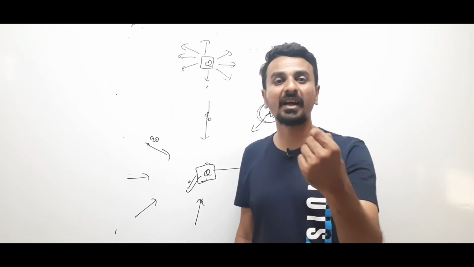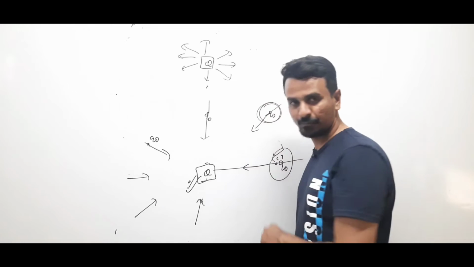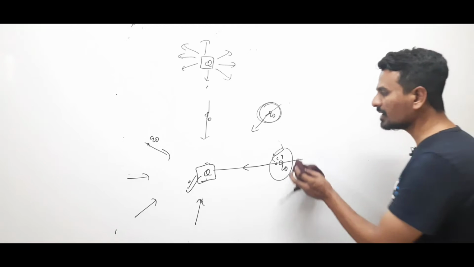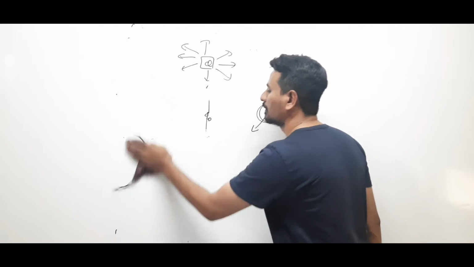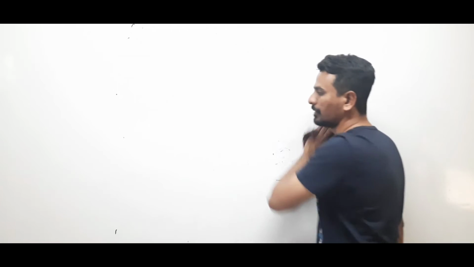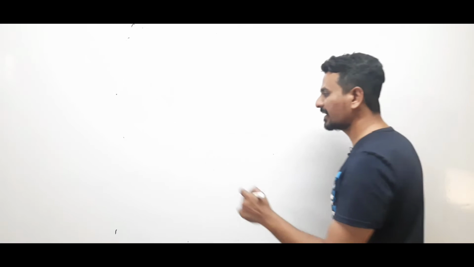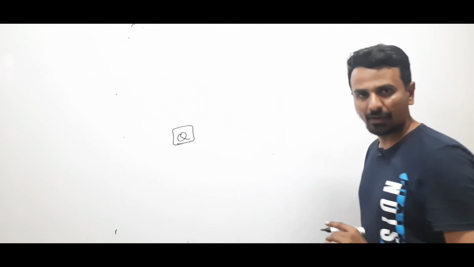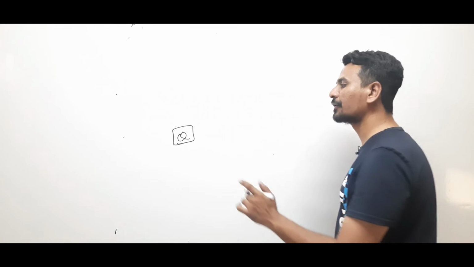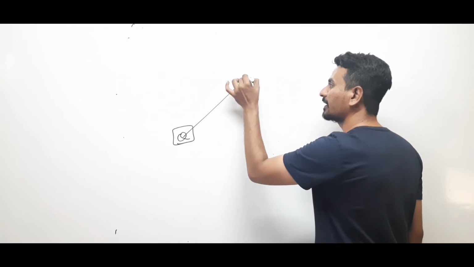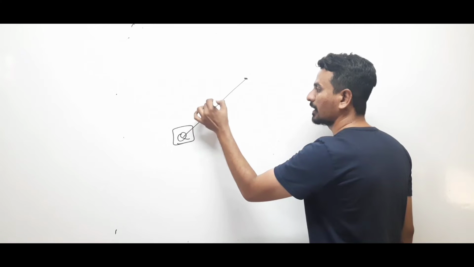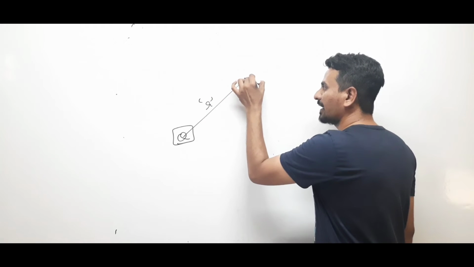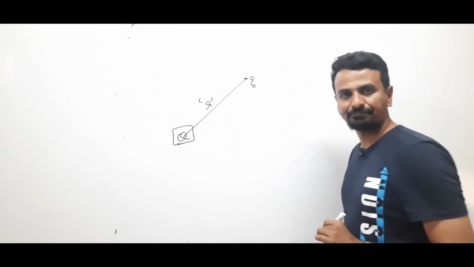What is the value of the electric field produced by this charge Q? Clear? So let us find the value. See, suppose I want to find the electric field produced by this charge Q. Let us say the distance is r. So for that I am placing a charge Q0.